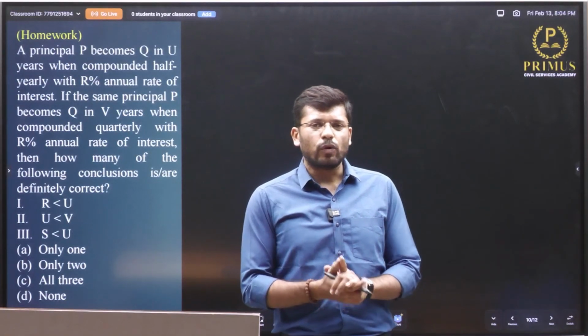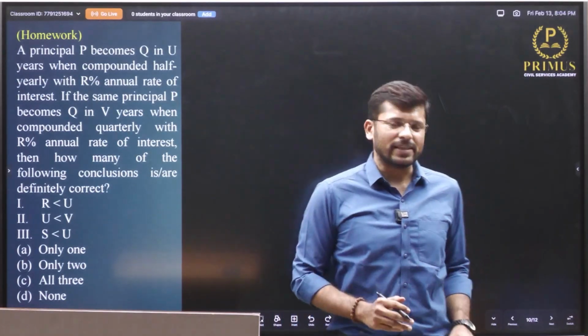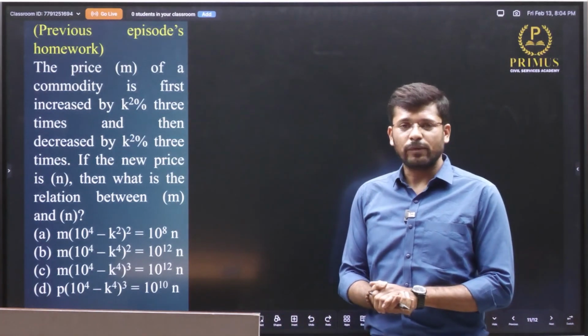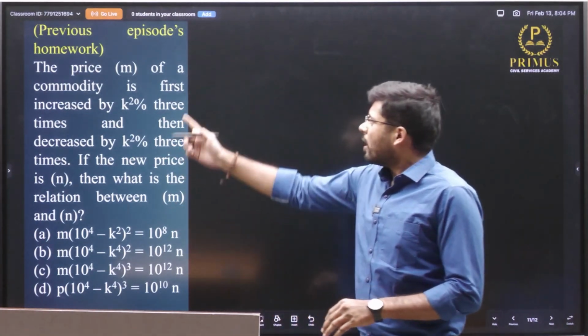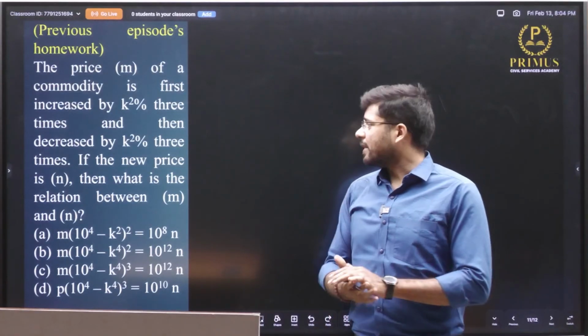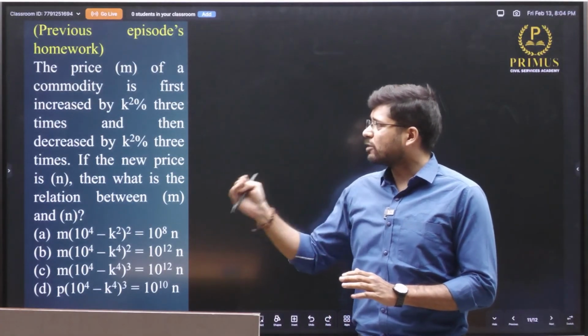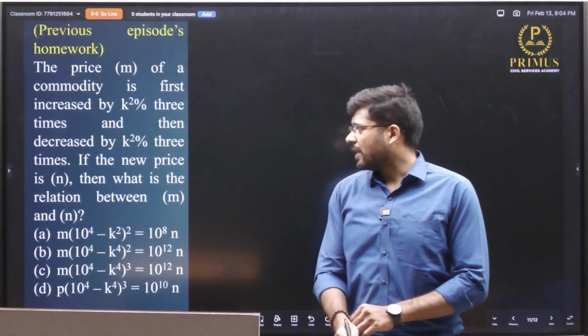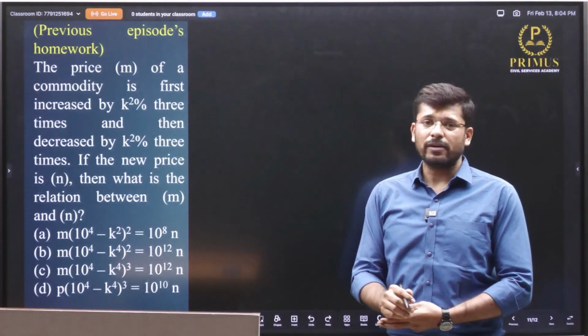And now it is time to answer the homework question of the previous episode. So this was the question given to you in the previous episode. The price M of a commodity is increased by K square percentage 3 times and then decreased by K square percentage 3 times. If the new price is N, then what is the relationship between M and N?